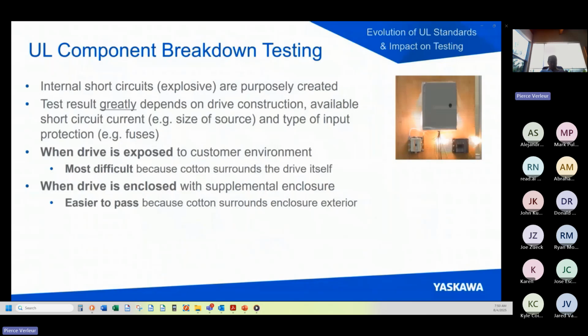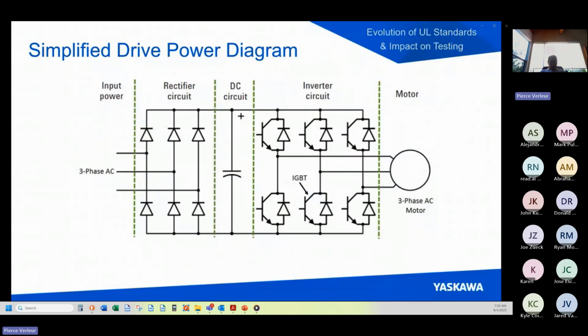But before we talk about that, I want to talk just a little bit about a simplified power diagram for a drive to get us all on the same page. Many of you have seen this before, but we can think of the drive in terms of three power sections. One is the rectifier section on the left-hand side, which changes fixed AC into DC. The next section is the DC bus, which generally consists of a bunch of bus capacitors to store and filter the energy.